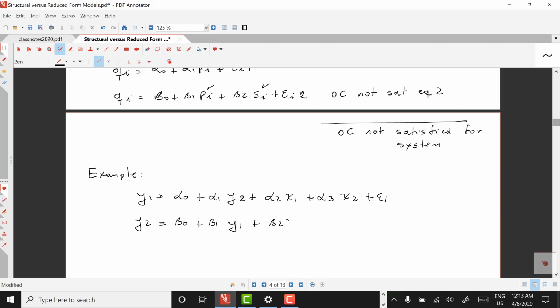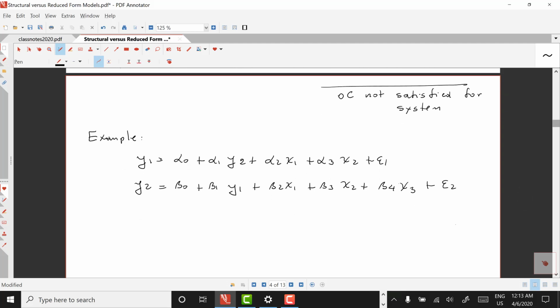Plus beta 2x1 plus beta 3x2 plus beta 4x3 plus E2. Okay, so this is a little bit more complicated, but I want you to be thinking about it. And then we'll be discussing this example, okay?